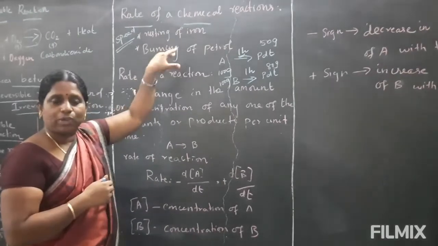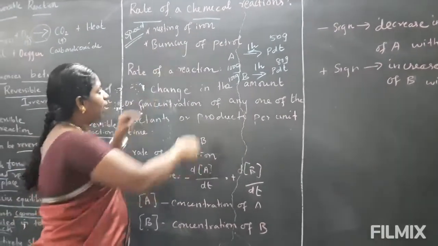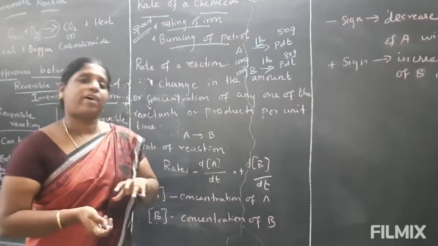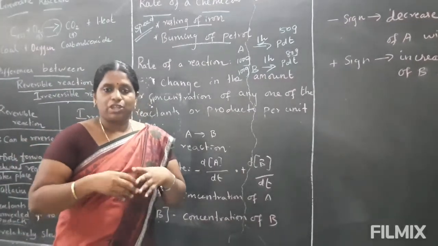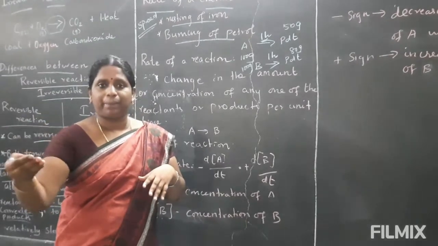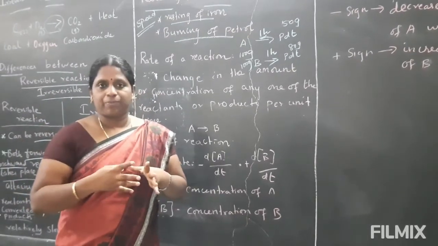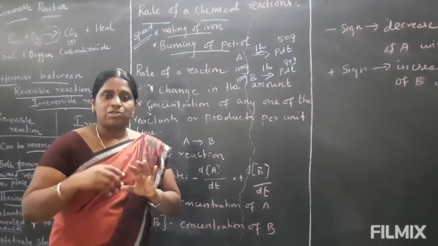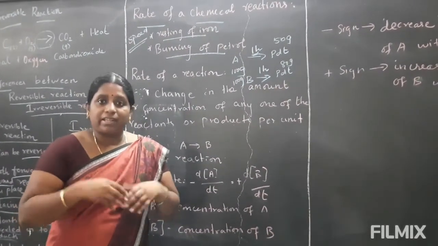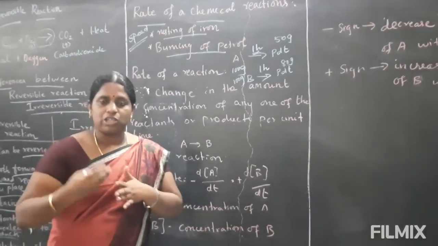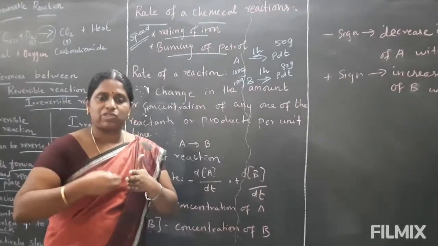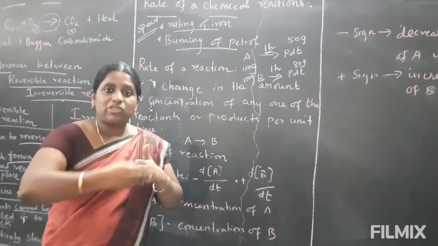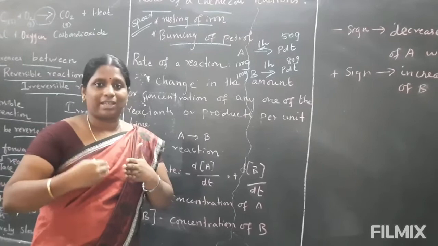I have given two examples: one is rusting of iron, another is burning of petrol. Rusting of iron is a chemical reaction. If you place iron pieces in an open place, the iron will react with oxygen to form rust, iron oxide. It won't form suddenly; it changes slowly, taking a long time to react.